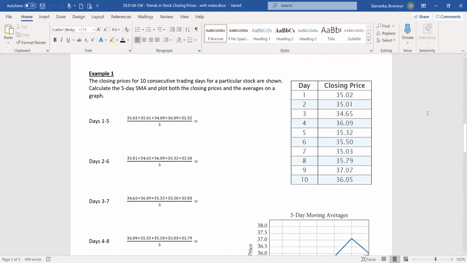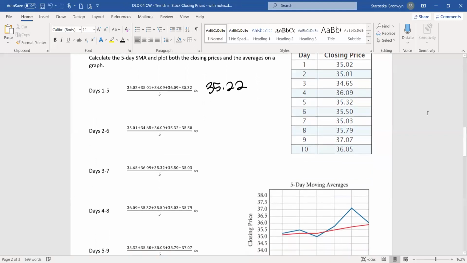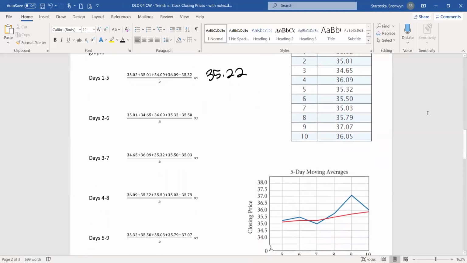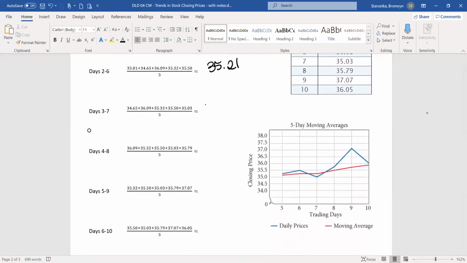If I did the average for these, and I already did these, adding up those 5 numbers for days 1 through 5 and dividing by 5, you would get 35.22 as the average price for those 5 days. For days 2 through 6, you would get an average price of 35.21. For days 3 through 7, you would get an average price of 35.32.